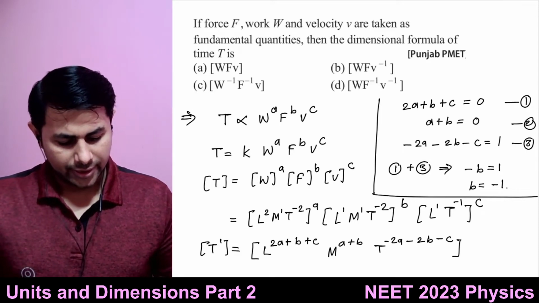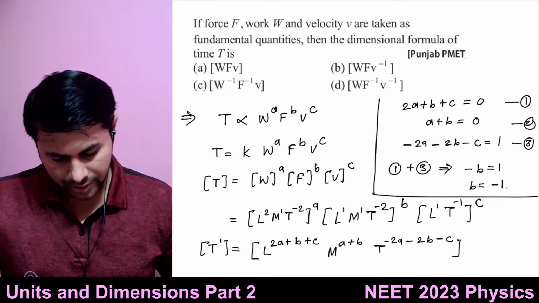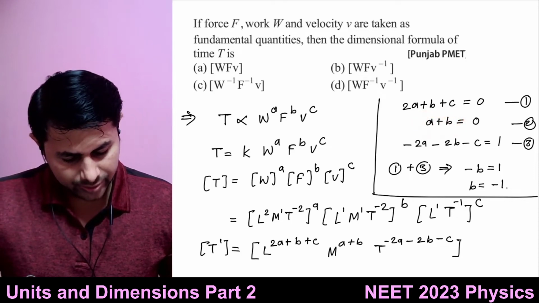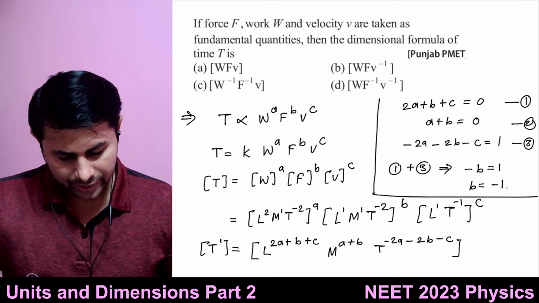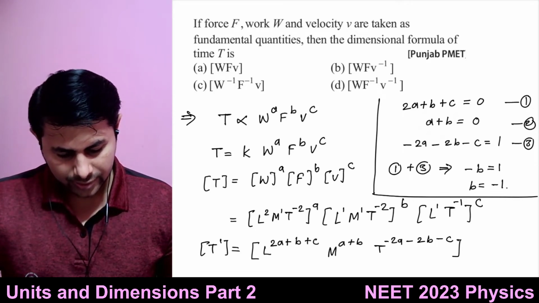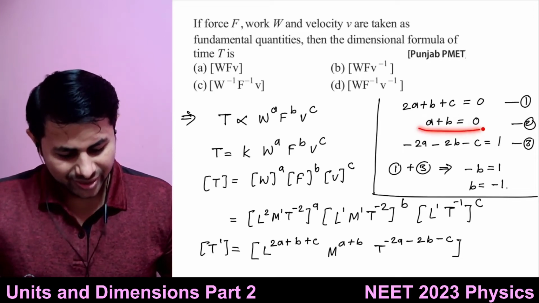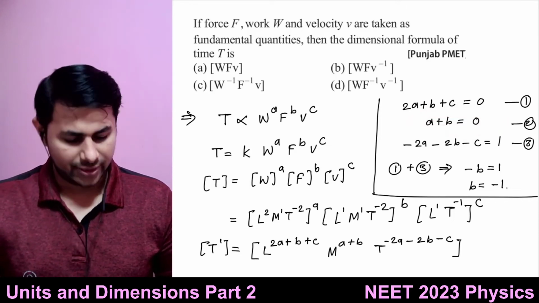Then I can substitute that. In the second equation, A plus B equals 0, I substitute B equal to minus 1, so I get A is equal to 1.